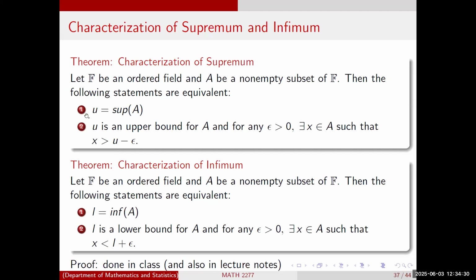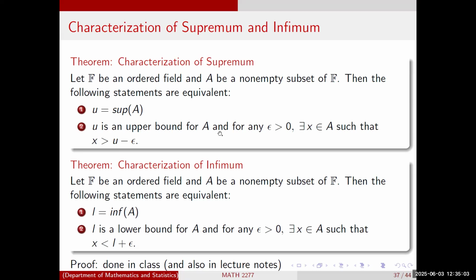Okay, so it's saying that an element U is the supremum of A means or is equivalent to saying that U is an upper bound for A, right? So we know that the supremum of a set satisfies two conditions. First, it must be an upper bound because the supremum is a special type of upper bound. So first, the supremum is an upper bound. And what is this special condition?